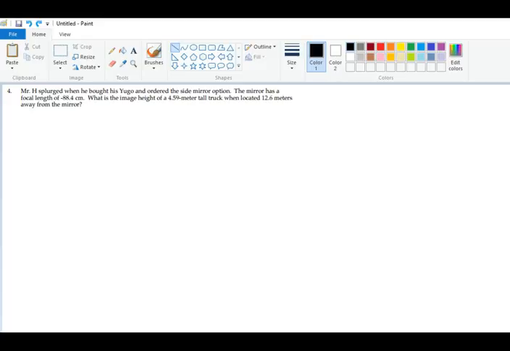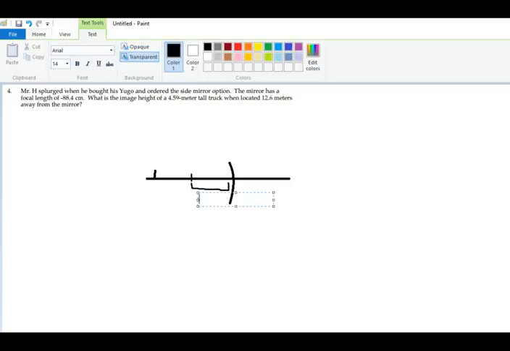So first things first, let's draw this out. Here is the mirror and here is the object. Now the distance between the focus and the mirror is negative 0.884 meters.